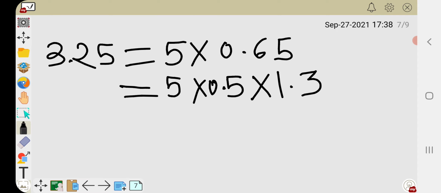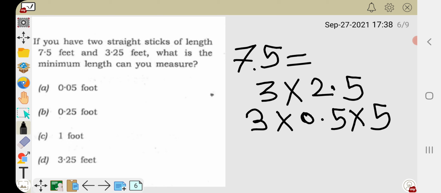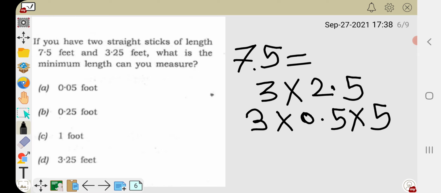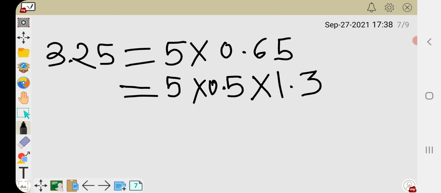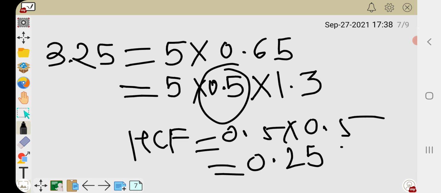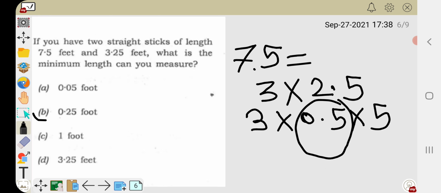So now factors are available here. For 7.5, 3 into 0.5 into 5, and for 3.25 factors are 5 into 0.5 into 1.3. Now HCF is nothing but common factor. 0.5 and 5 are common. So our HCF will be 0.5 into 5, that is 2.5 feet. So option B is right answer. Minimum length we can measure is 0.25 feet.